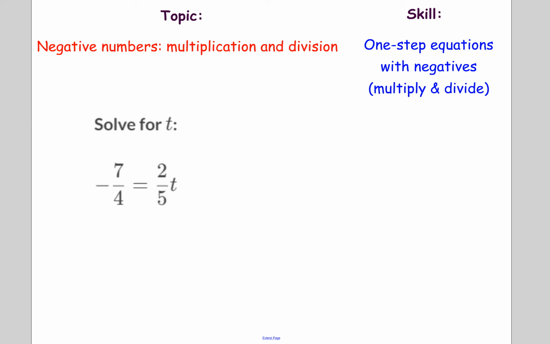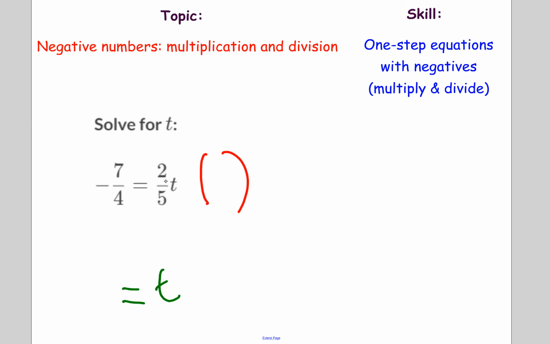So, negative 7/4 equals 2/5 t. And just like any other problem I've told you, our goal is to ultimately get t by itself. There's a neat little property in math that if I multiply something by its reciprocal, the resulting answer is 1.